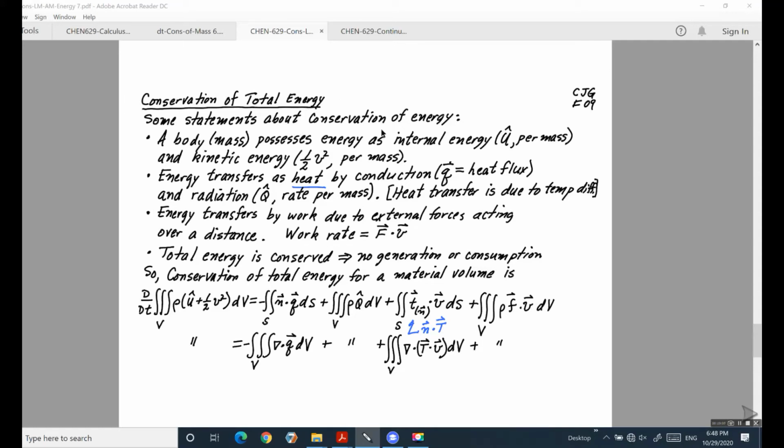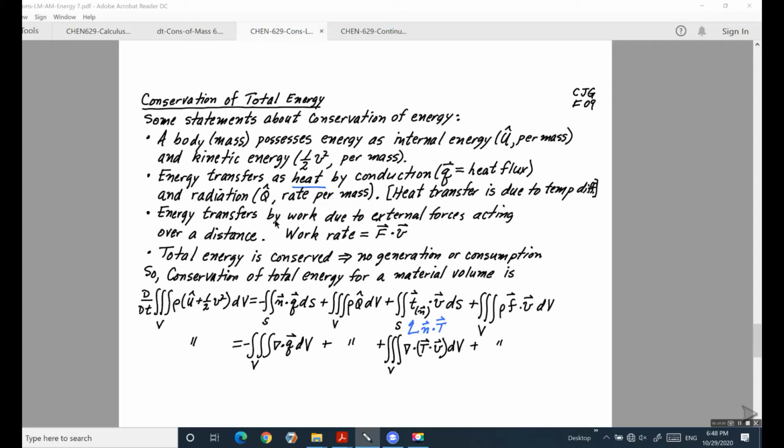Some statements about the conservation of energy. A body of mass possesses energy as an internal energy, U per mass, and kinetic energy per mass. Energy transfer as heat by conduction is given by the heat flux, and by radiation, the heat transfer due to the temperature difference.